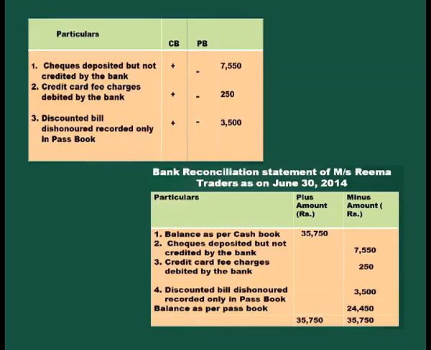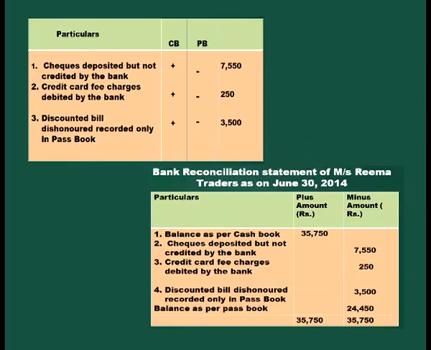Balance as per cash book. We are starting with the balance as per cash book. So, see the worksheet. What all things are there in the passbook you are looking and accordingly you are recording. See, minus amount column will be recorded with check deposited but not credited by bank, credit card fee charges debited by bank, discounted bill dishonored recorded in the passbook.